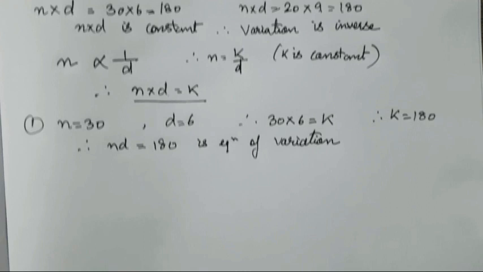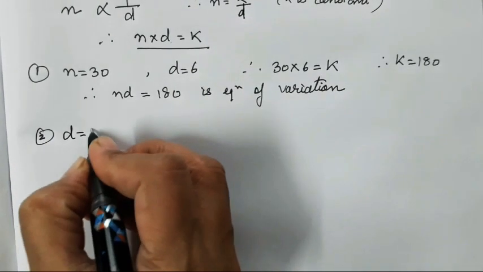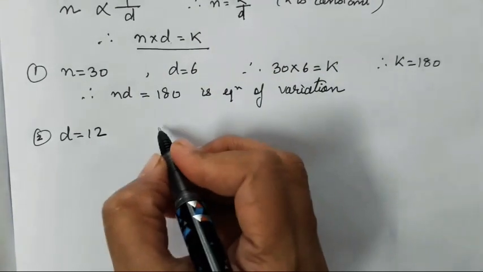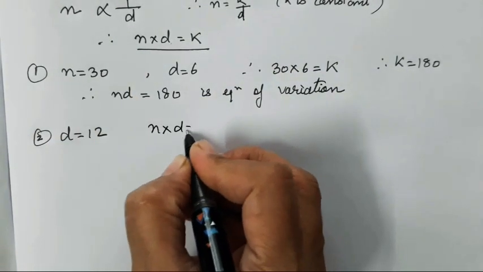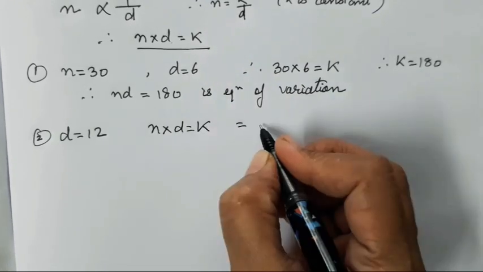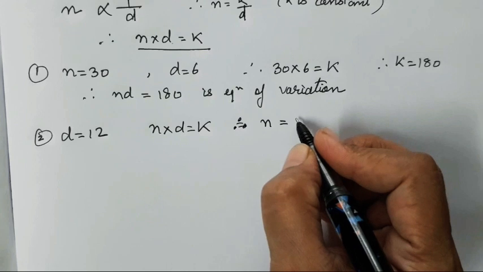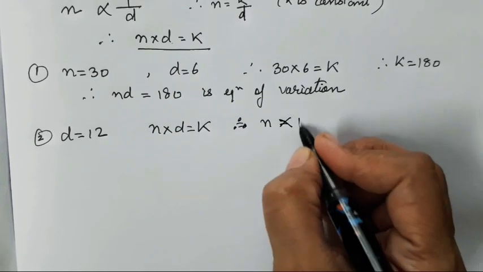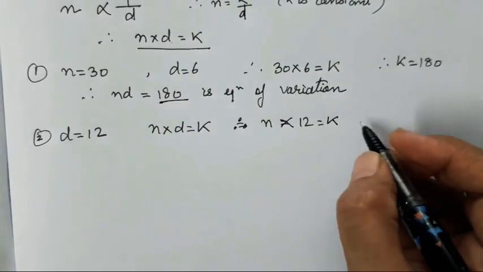Now the second one: d is equal to 12. The same formula we use, n into d is equal to k. N is not given, so we keep n as it is. N into d, where d is 12, is equal to k, and we already have k, that is 180.